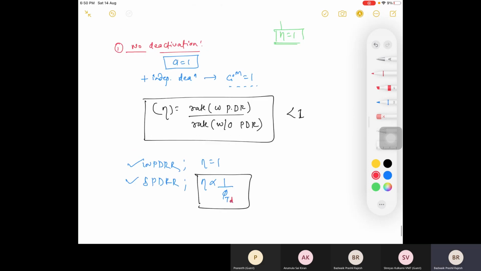Whenever I am writing this, no deactivation, you can write this as phi_T only, but to differentiate from what we studied in heterogeneous CRE, I'm using phi_D.